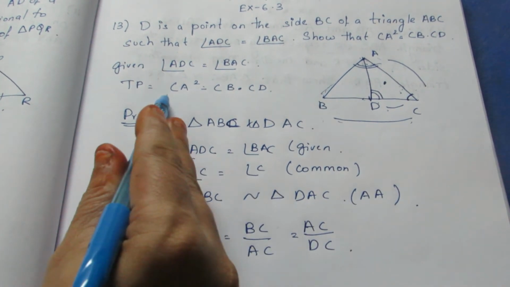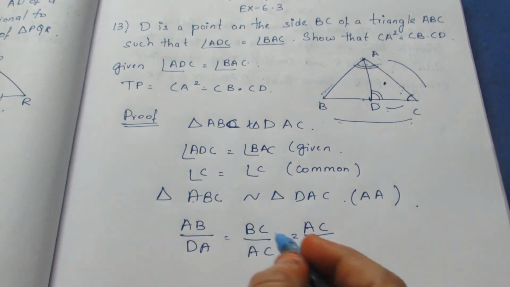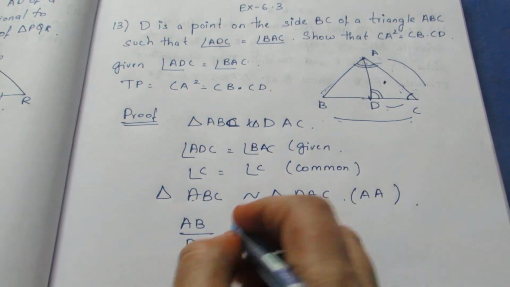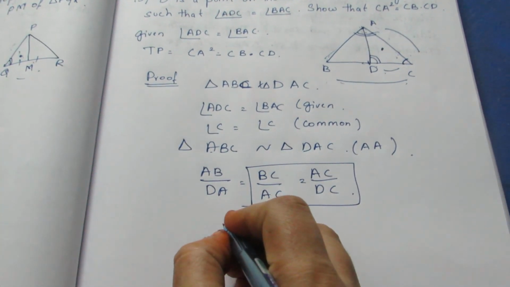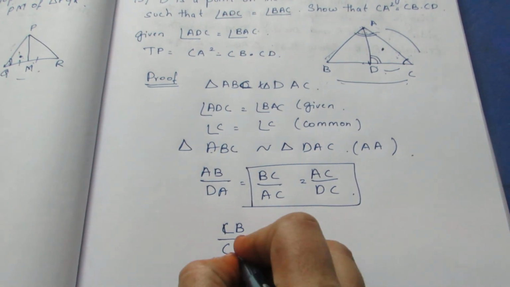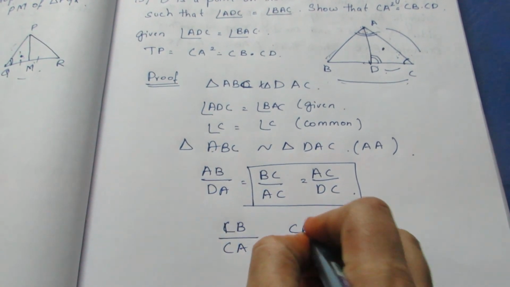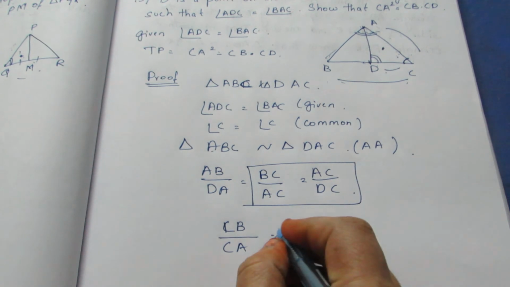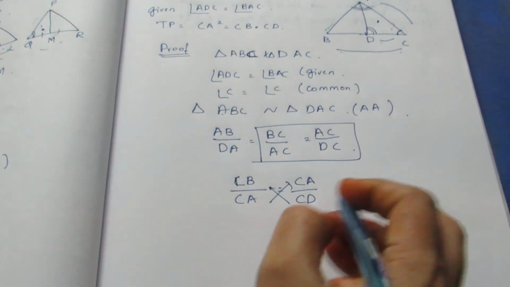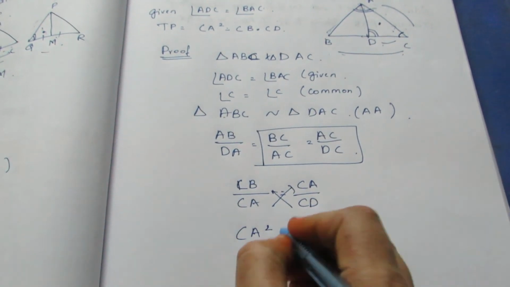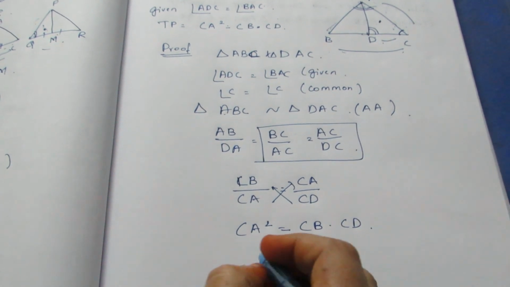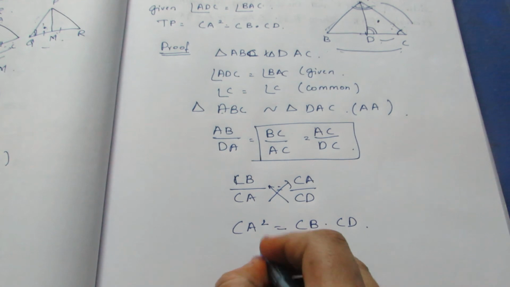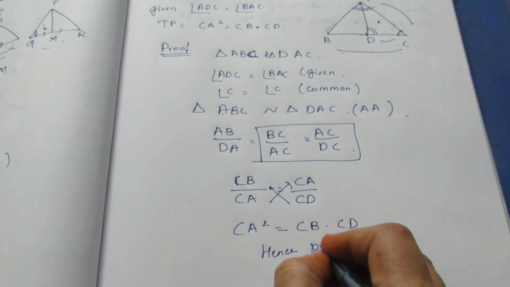We want CA square, so taking this, BC by CA is equal to CA by CD. Just cross multiplying these two, we get AC square is equal to CB into CD. So this is what we wanted to prove. We have proved it, so write hence proved.